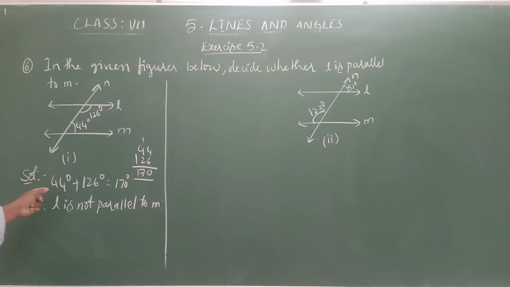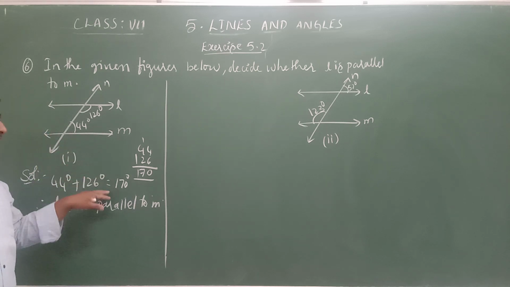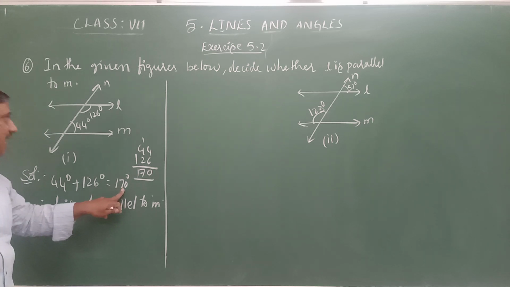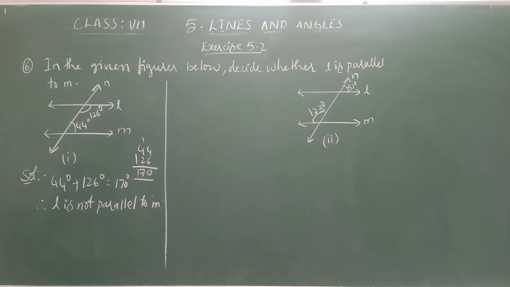Why are they not parallel? Because the sum of the two interior angles on the same side of the transversal is not supplementary. If it were equal to 180 degrees, then L and M would be parallel to each other.